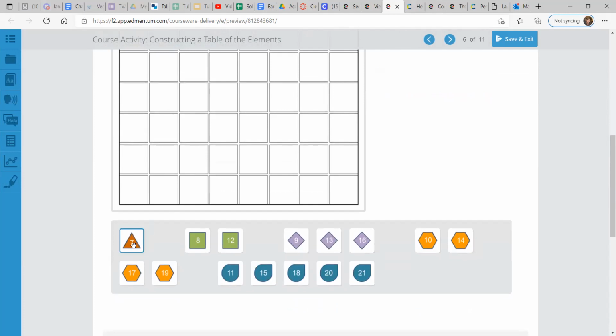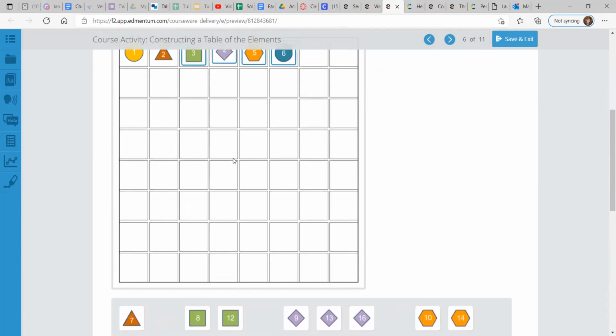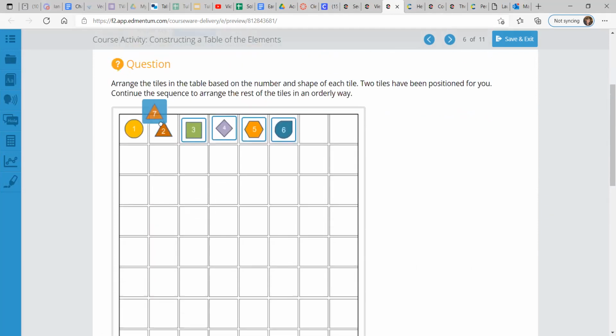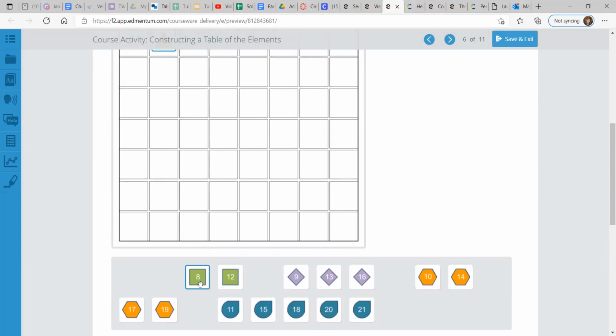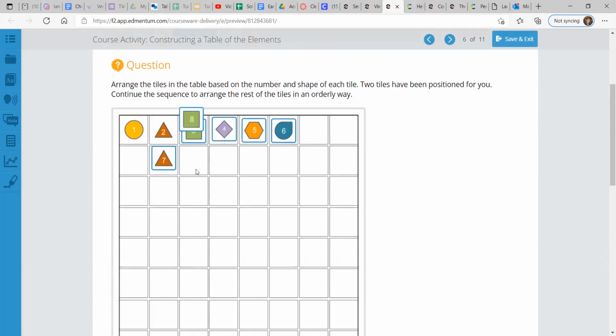Now we group them into different shapes in columns. So now we're going to go down and systematically put them in shape groupings. So 1, 2, 7. Squares go here, like that.